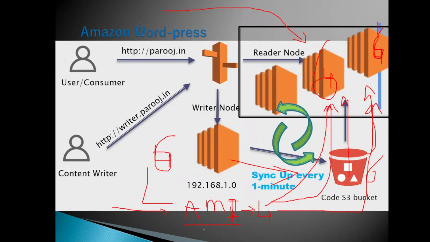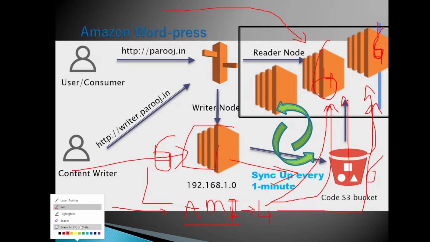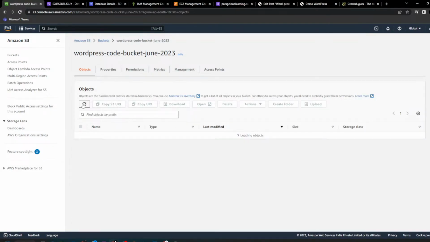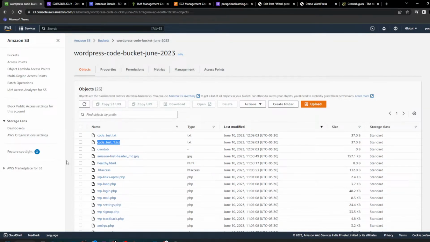If you are publishing a new article, you can publish on this EC2 machine. It will sync with S3. Every minute it will copy the data to S3, and from there it will be pushed to every EC2 machine. This is how the process works in industry. So you can see the file is here.